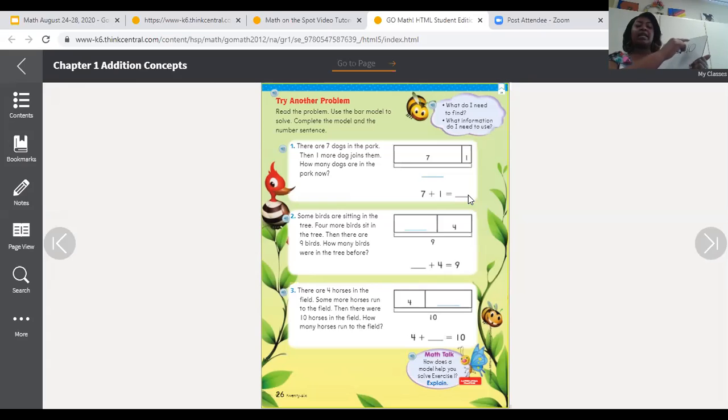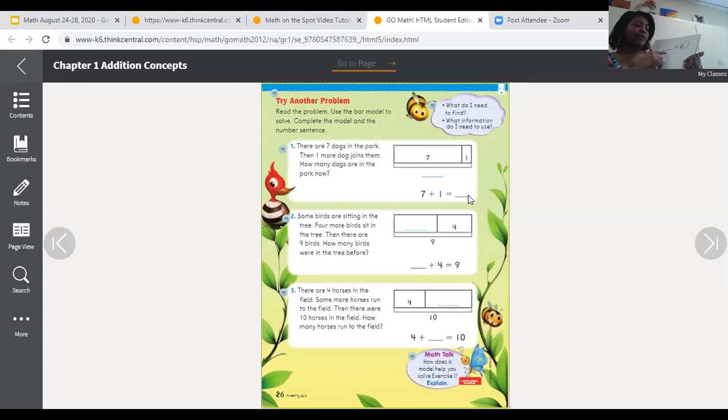Some came, but in all, when it was all over, there were a total of 10. So I could draw again. Let's see, that's 4, 1, 2, 3, 4. So I know there are 4, but I'm trying to get to 10. So maybe I can draw some more circles until I say the number 10. I already have 4, 5, 6, 7, 8, 9, 10.